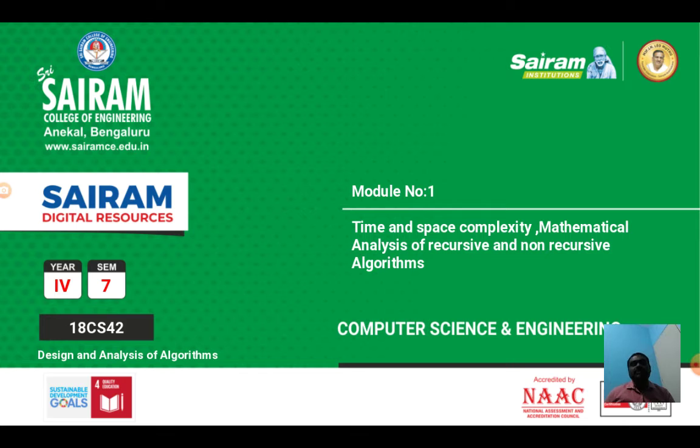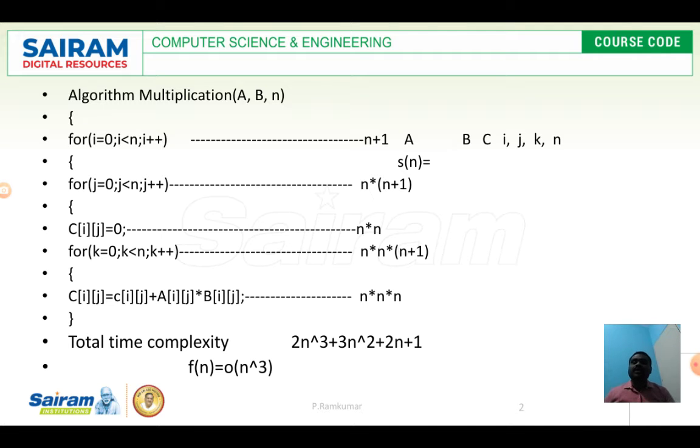Let us discuss with a simple algorithm. Here I have written the algorithm for multiplication of two matrices. One matrix is A and another matrix is B. N represents the dimension. Matrix means it is two-dimensional, so an n by n matrix will be considered. For i equal to 0, i less than n, i plus plus. For j equal to 0, j less than n, j plus plus.